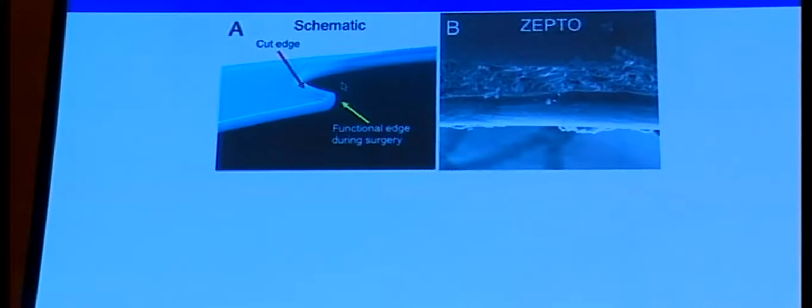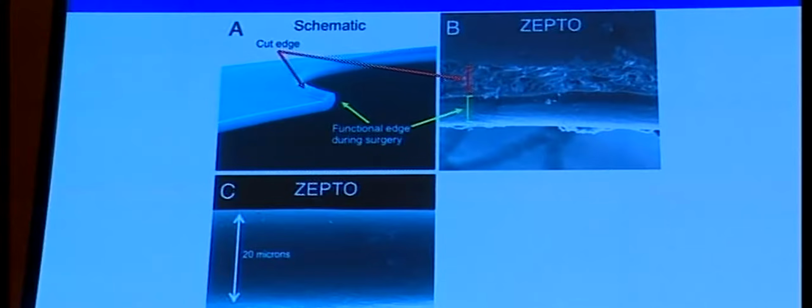In the electron microscopy, this is the cut edge and this is the functional edge, turned up like this, kind of doubling up there. For example, if you take a thin foil and double it up and try to tear it, it will be much more difficult to tear. If the foil is just single, much less tearing force is required to tear it.